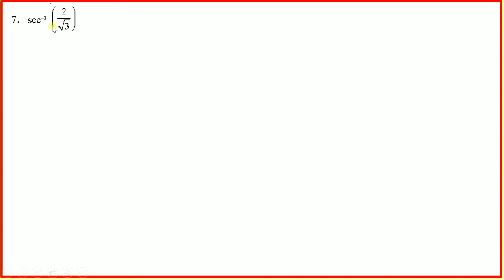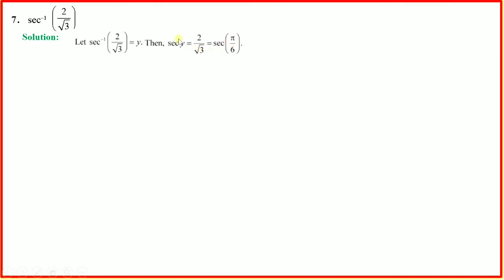Now question number 7, sec inverse 2 upon root 3. Let sec inverse 2 upon root 3 equal y. Then sec y is equal to 2 upon root 3, and the value of sec pi by 6 is equal to 2 by root 3.